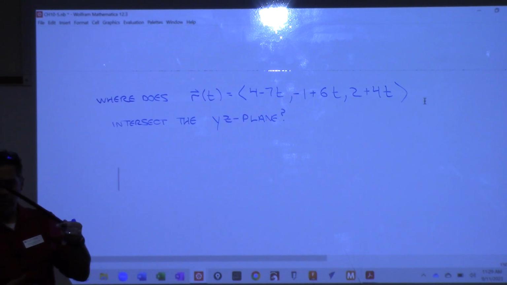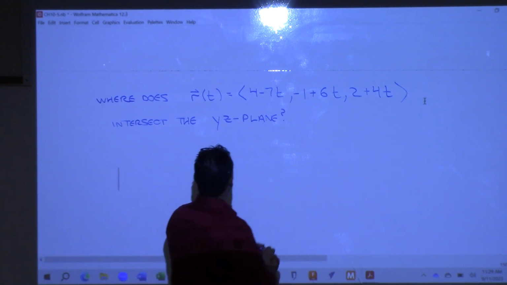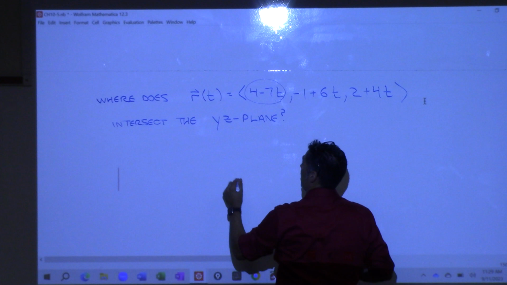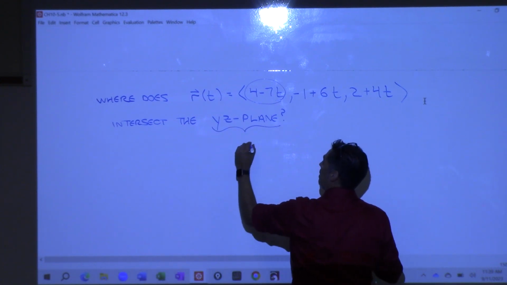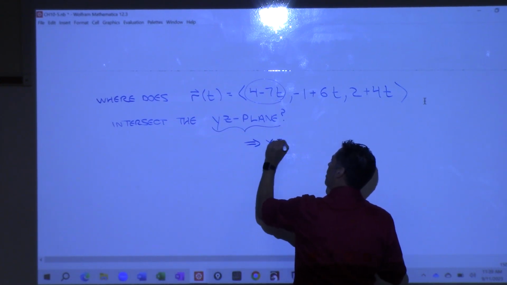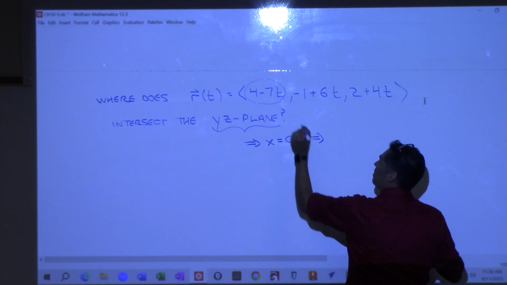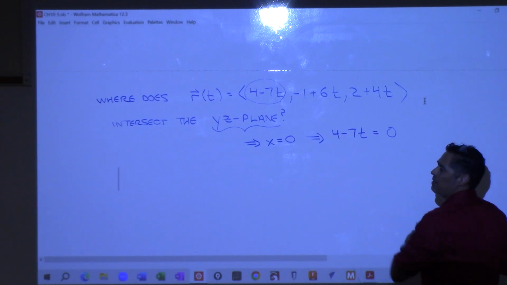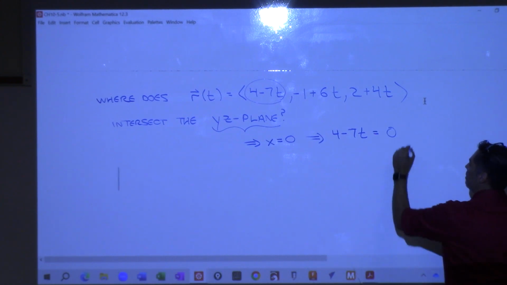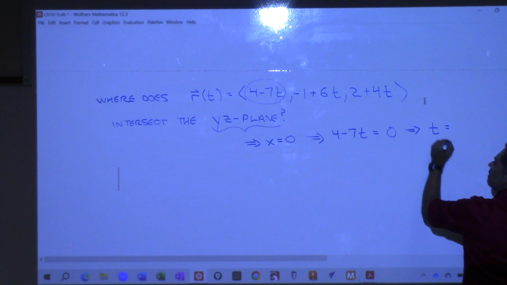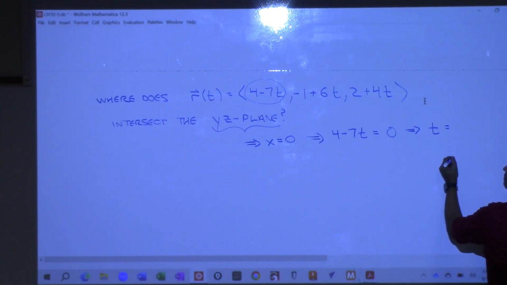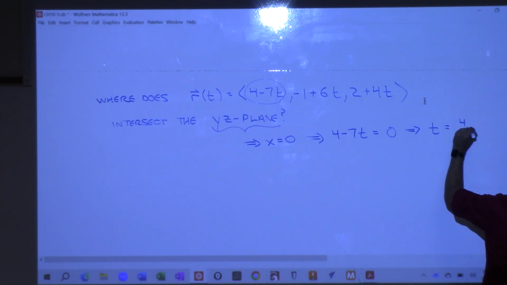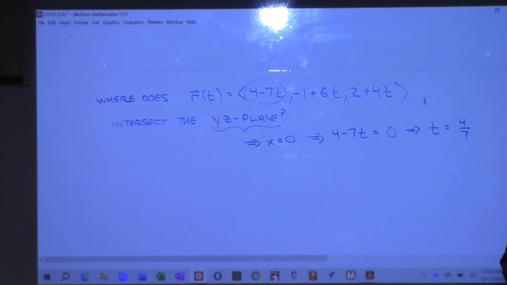So to intersect the YZ plane, that implies that your x must be 0, which implies that 4 minus 7t must be 0. And solving that for t, t must be 4/7. So that's telling you the scalar multiple you need to get to that point.